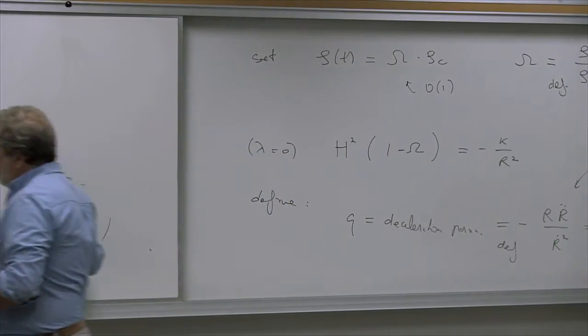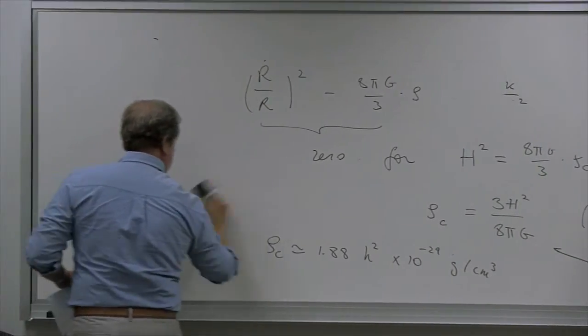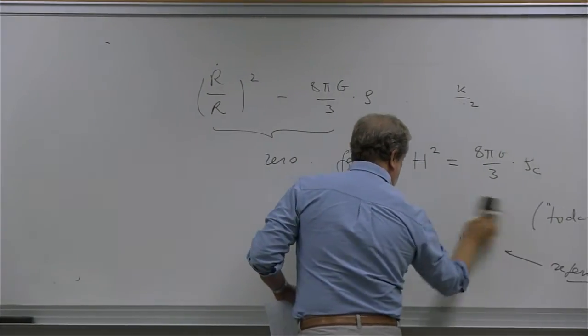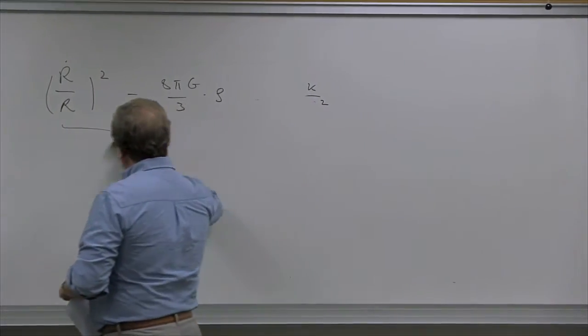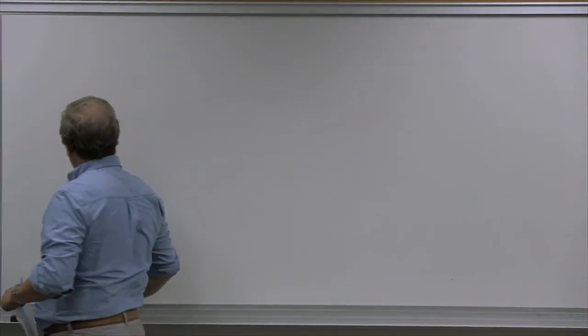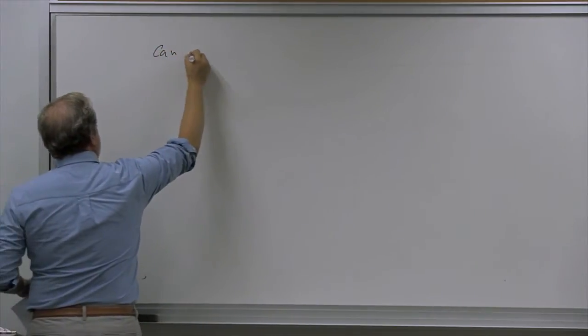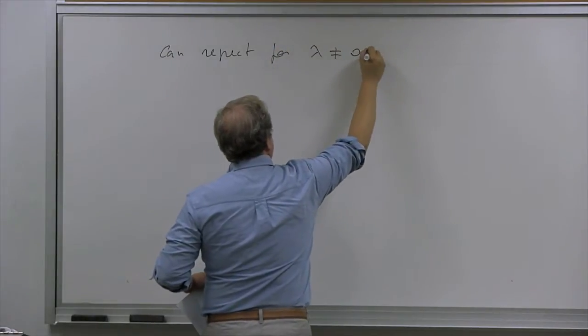So we want to analyze the more general case where lambda is non-zero. So we can repeat this for lambda different from 0.